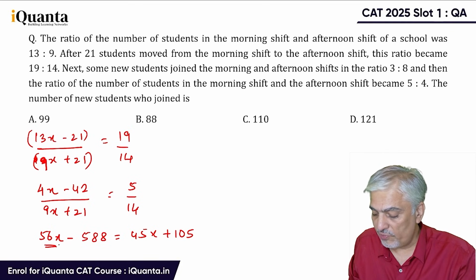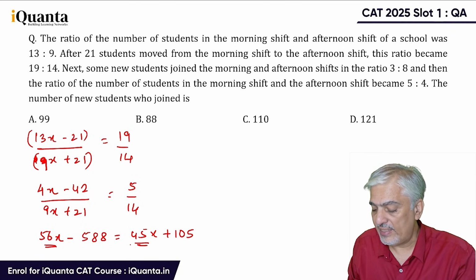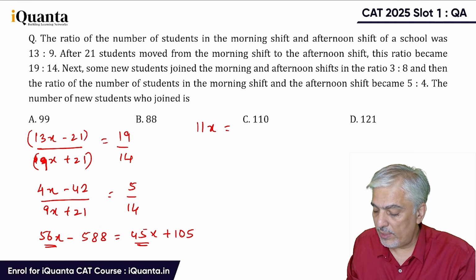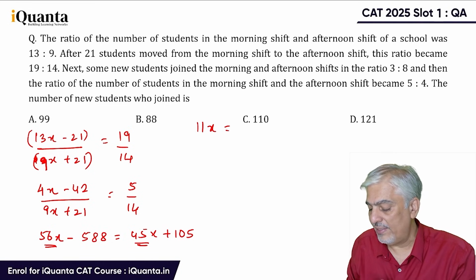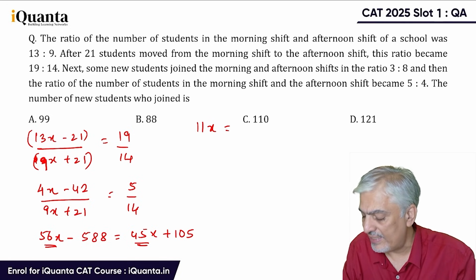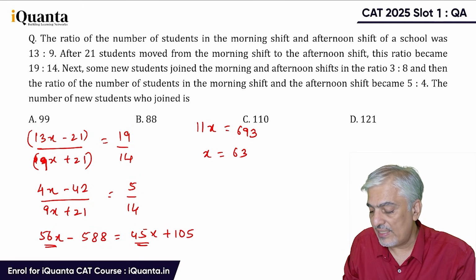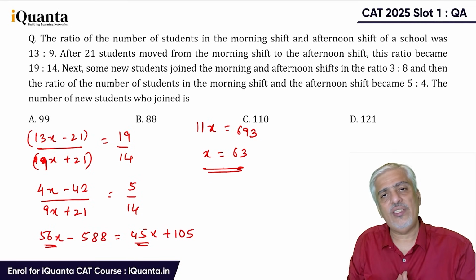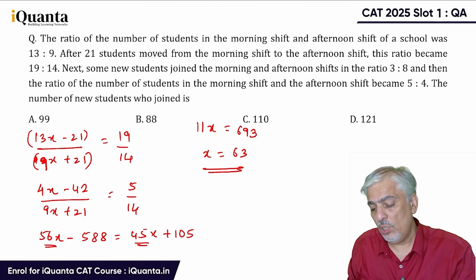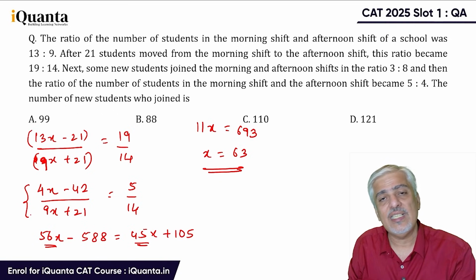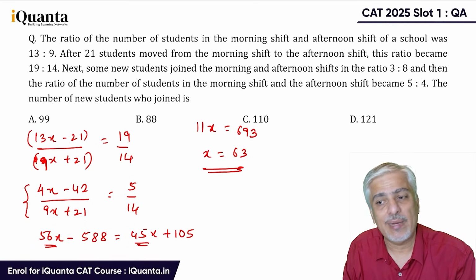So 56x minus 45x will become 11x is equal to 588 plus 105. So 588 plus 100 is 688, 688 plus 5 is 693. We had got the exact same thing, so x will become 63. After x is 63, the method remains the same. My whole logic was to make that slightly more difficult calculation easier by using some rules of mathematics.